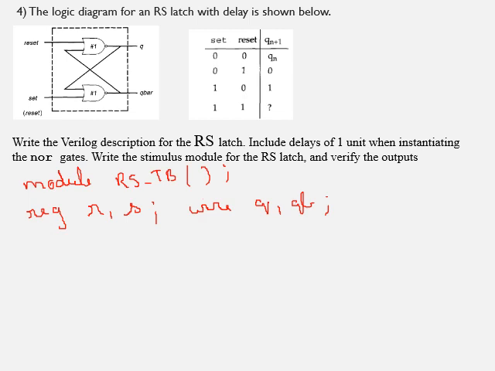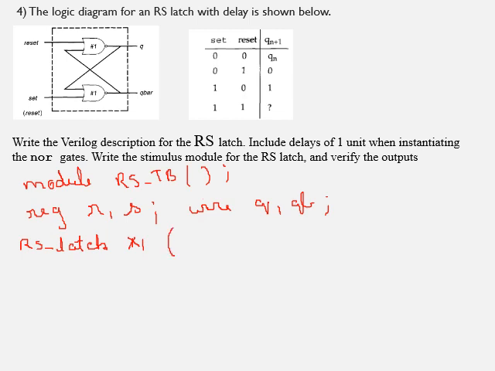I have slightly changed the names of the signals. Okay. Now I will instantiate this RS latch. This is the name of the module that we have defined earlier. And say X1 is the instance label.